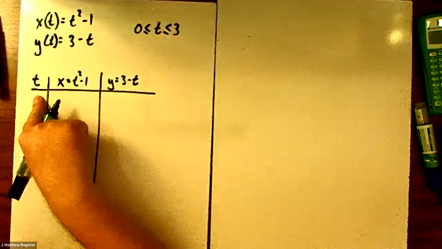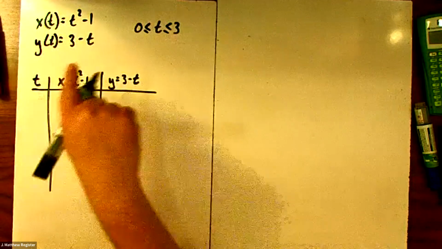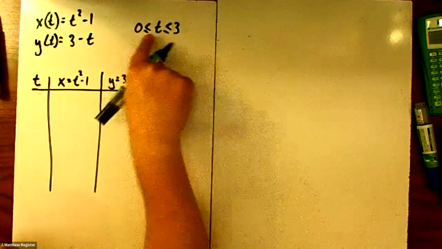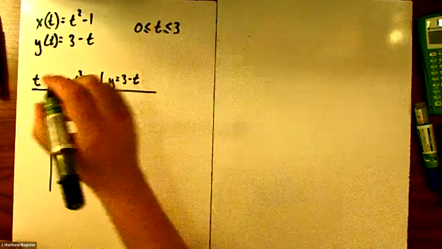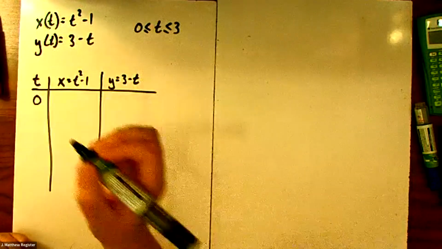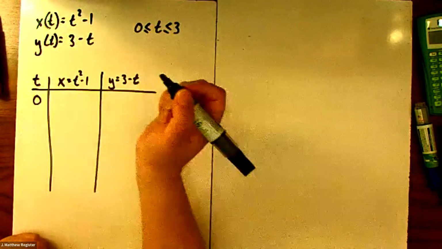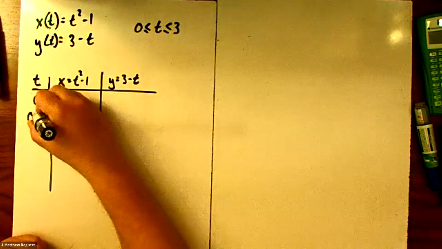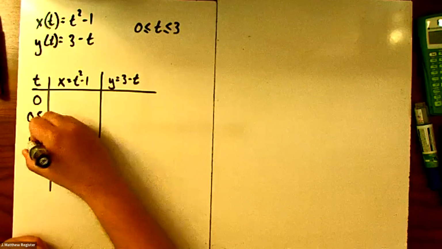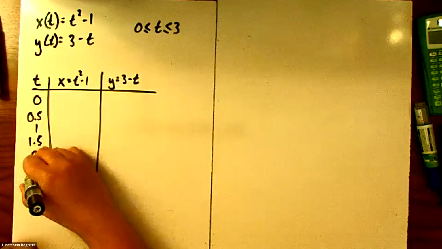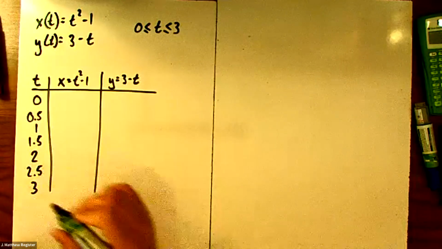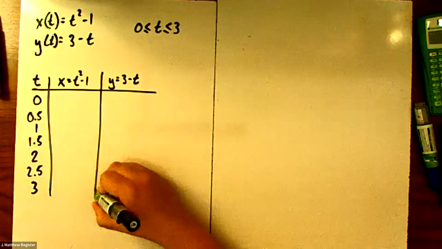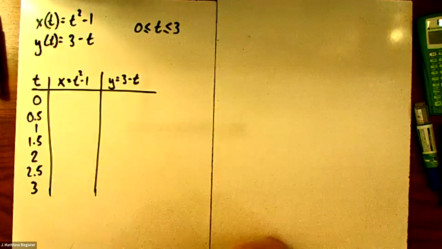Now, the values for t that we're going to be plugging in are only going from 0 to 3. And so we might start with 0, and then we could go by every half if we wanted to. So 0.5, 1, 1.5, 2, 2.5, and 3. As you might expect, the more values we choose, the better the graph will look.